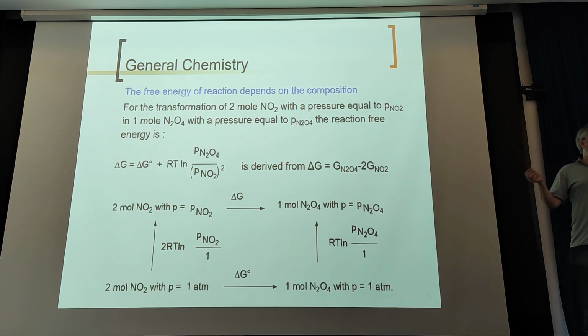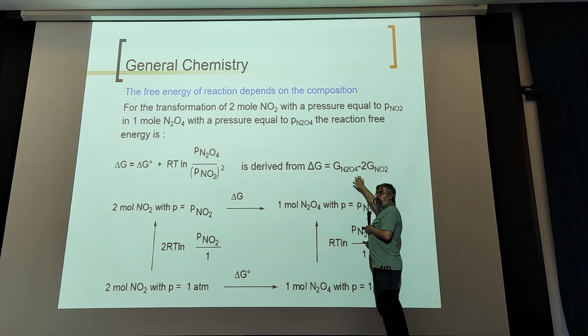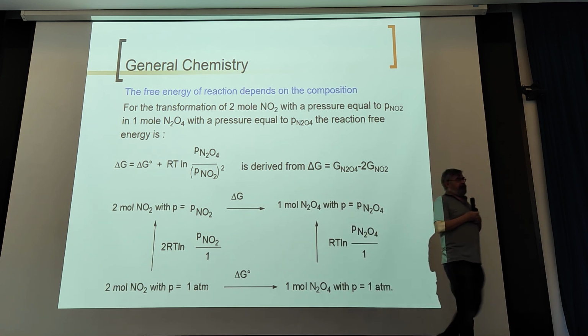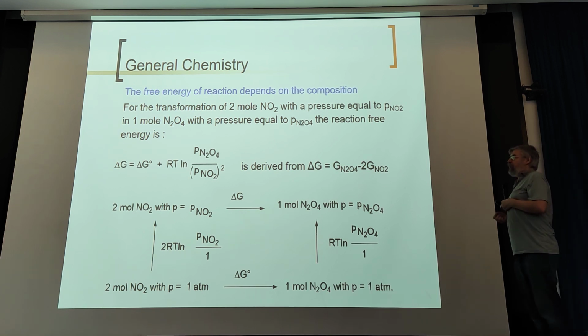It's squared, because there are two of them. So this is actually derived from the fact that we will have the same for the free energies. So it's free energy of the N2O4 minus 2 times, because we have 2 molecules of NO2, the free energy of the NO2. So we can derive it from that if we combine the expressions like we have seen before.